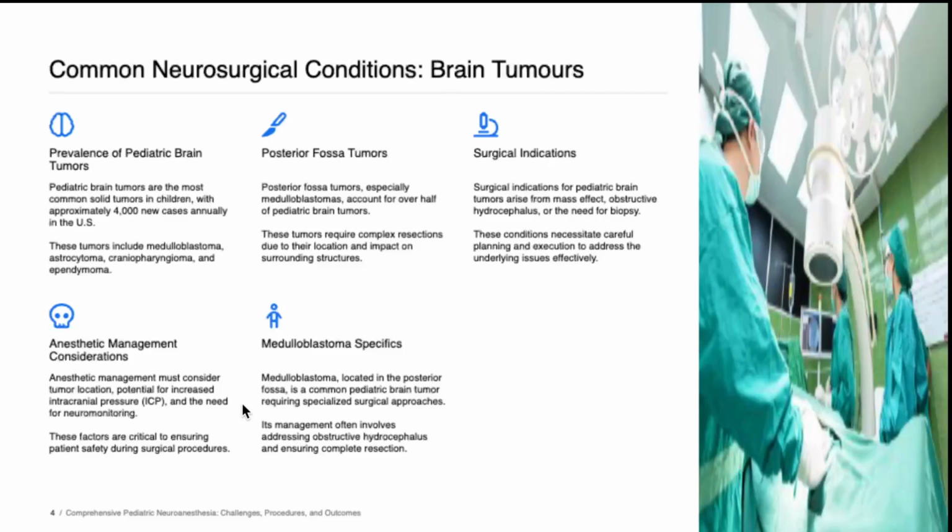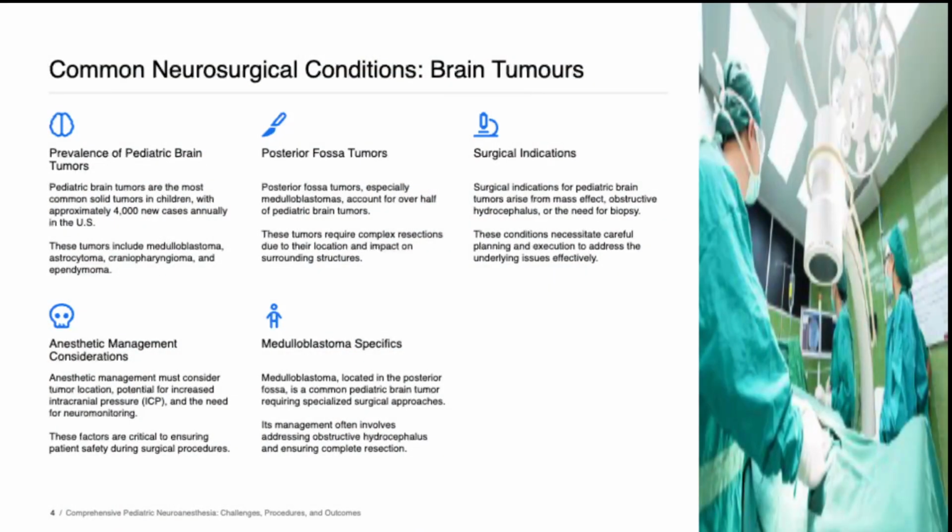As I mentioned in the brief anecdote I gave you, you need to get 100% resection, otherwise they just grow back, and you need to address the obstructive hydrocephalus that these tumors often cause. So that's anesthesia for pediatric brain tumors.